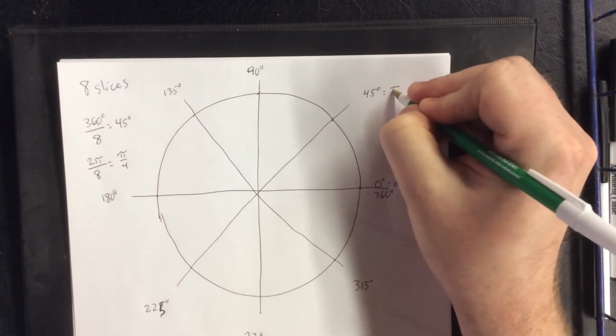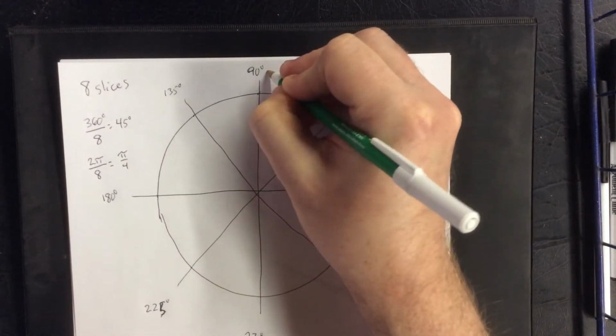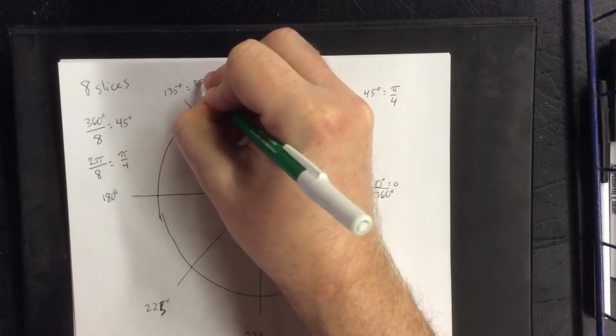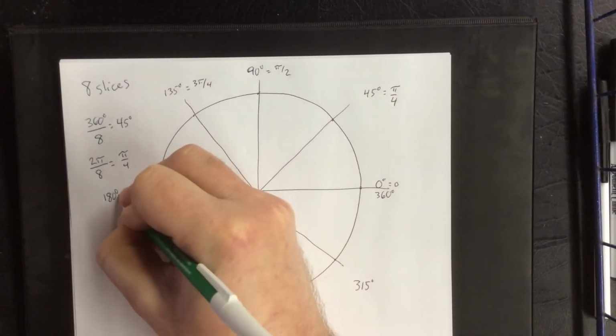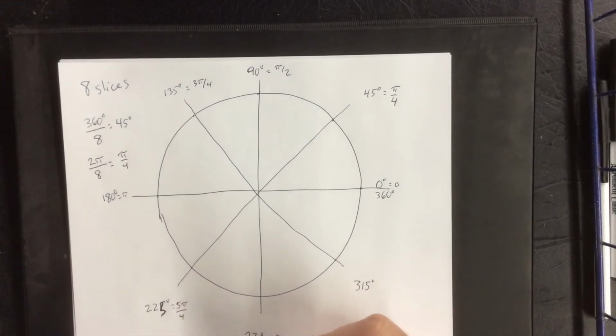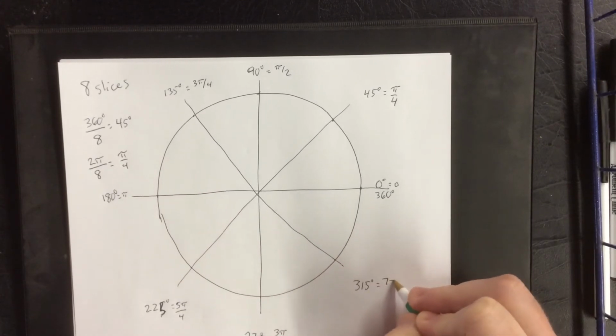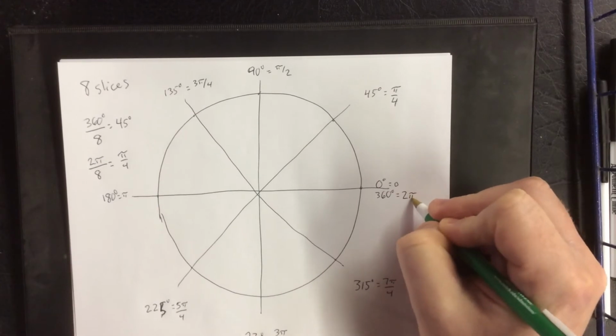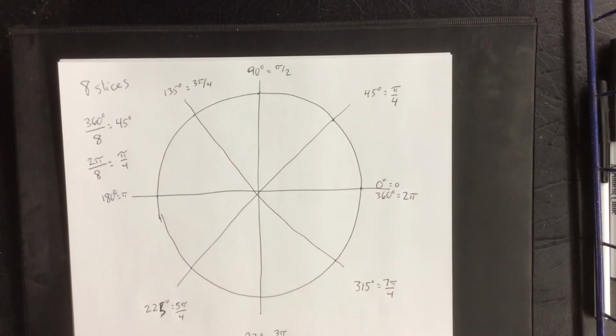That would be 1 pi over 4, 2 pi over 4, 3 pi over 4, 4 pi over 4, 5 pi over 4, 6 pi over 4, 7 pi over 4, and 8 pi over 4. Once again, as I was listing all of those off, if I could reduce it, I tried to do so.